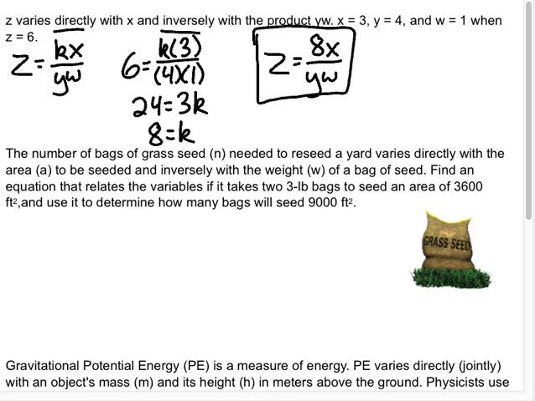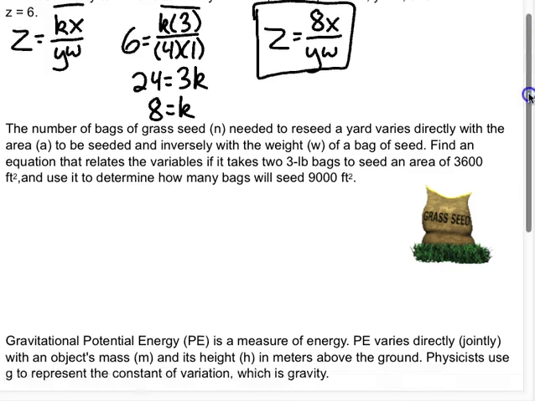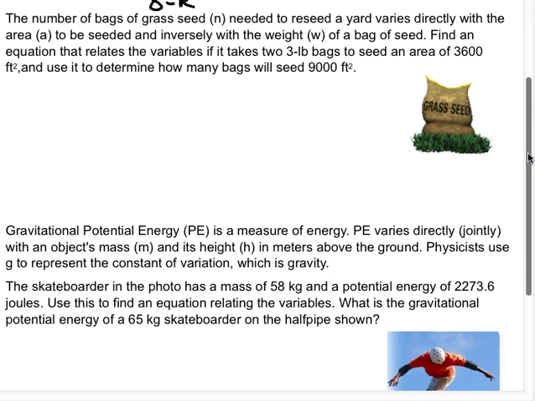So let's escalate it a little bit here and talk about some word problems. The number of bags of grass seed N needed to reseed a yard varies directly with the area to be seeded and inversely with the weight of the bag. So that first sentence, it looks to me, is giving me the structure of my variation.